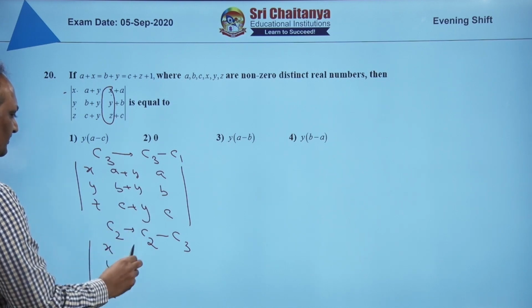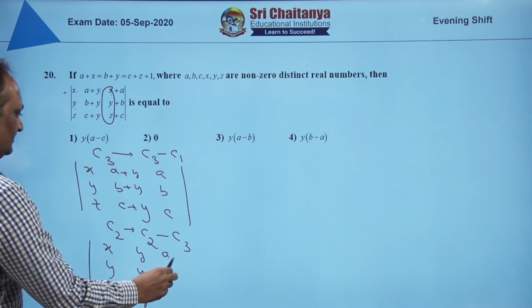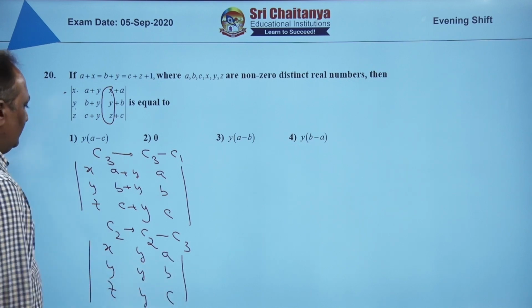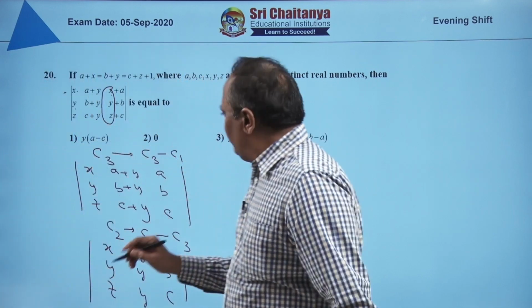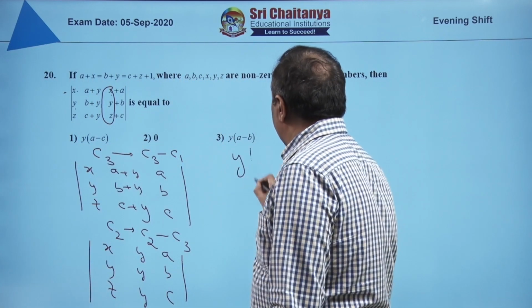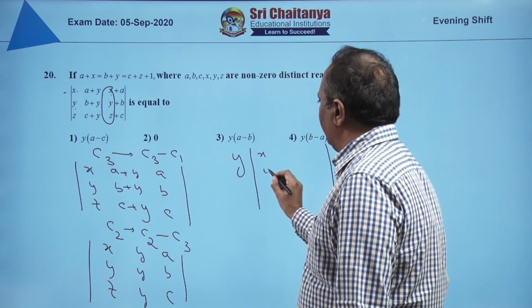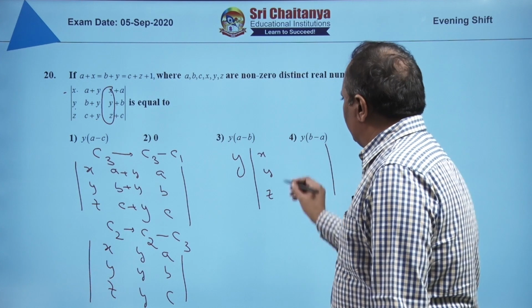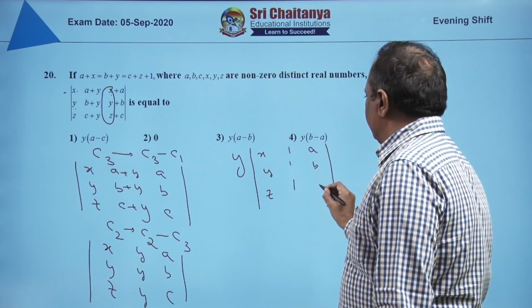Second column becomes a, b, c gets cancelled, y, y, y, and this is nothing but a, b, c. And in the second column, taking y common throughout, the entire determinant becomes x, y, z, this becomes 1, 1, 1 and a, b, c.